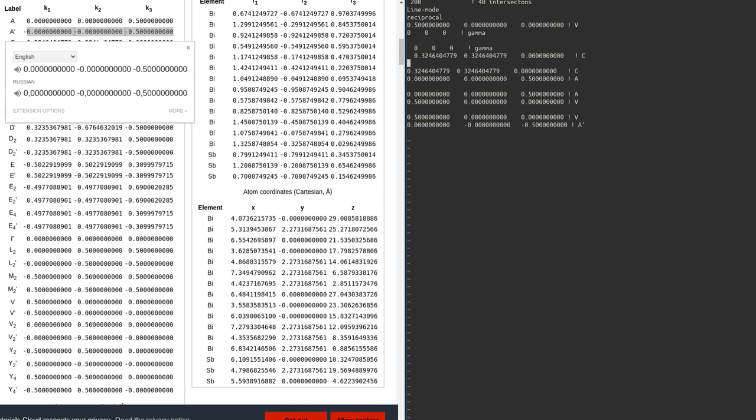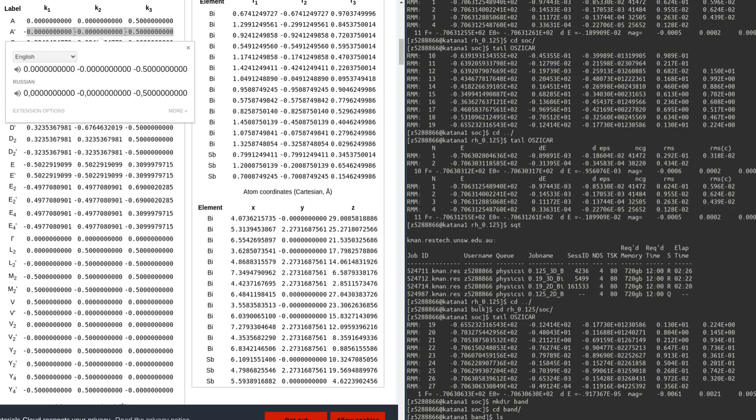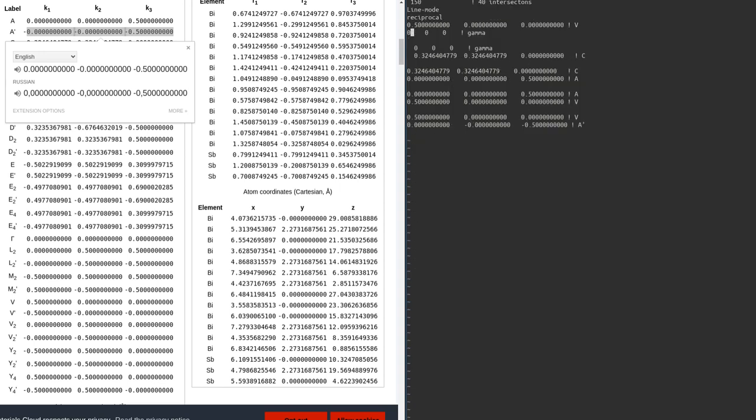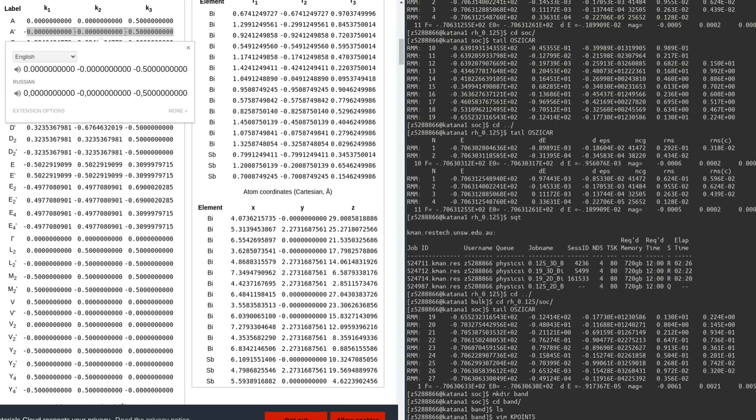We have quite a lot of lines, so let's decrease that number to 150. Okay, so here we have our kpoints file, and in the next video I will show how to calculate the band structure.